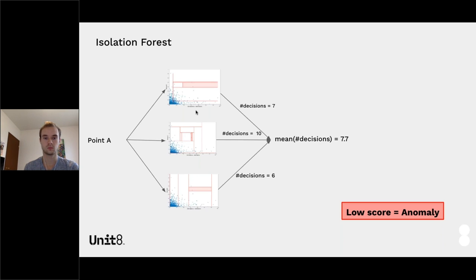So in the first example, point A, the number of decisions we had was 7. And here the second one is 10, and the third one is 6, and you repeat that 100 times or more, and you take the average of the decisions, and you get a score of 7.7. Let's keep in mind that the lower the score is, the more probable that the point is an anomaly.